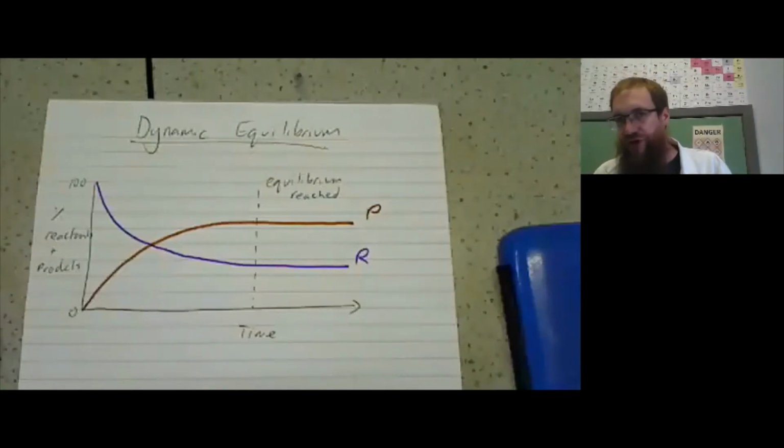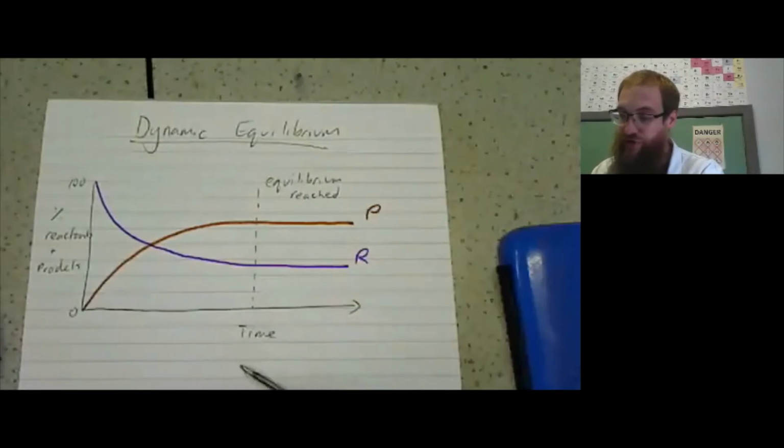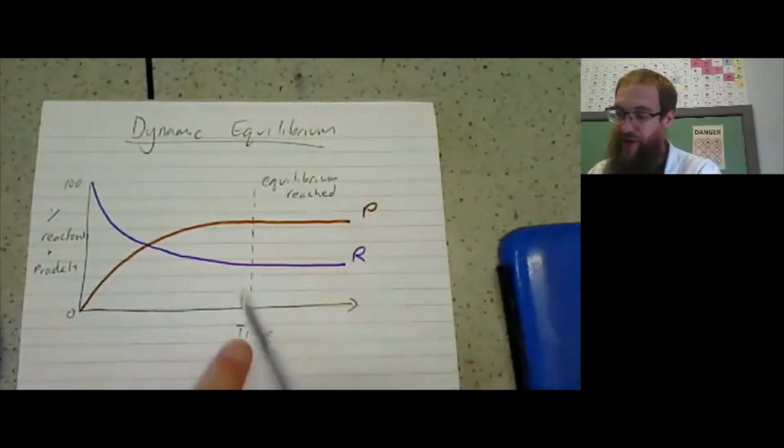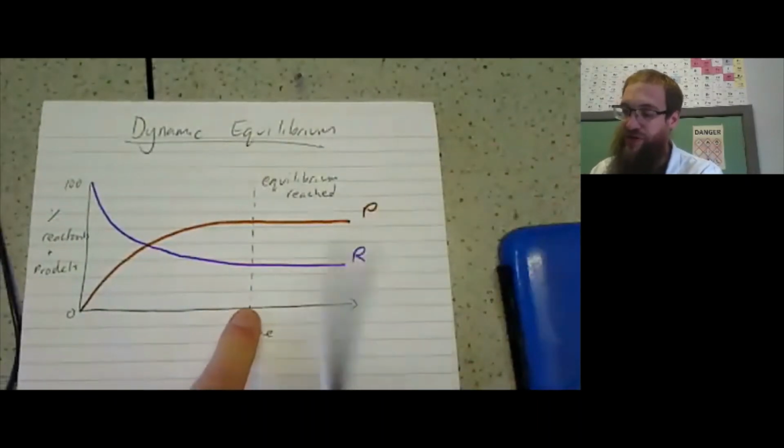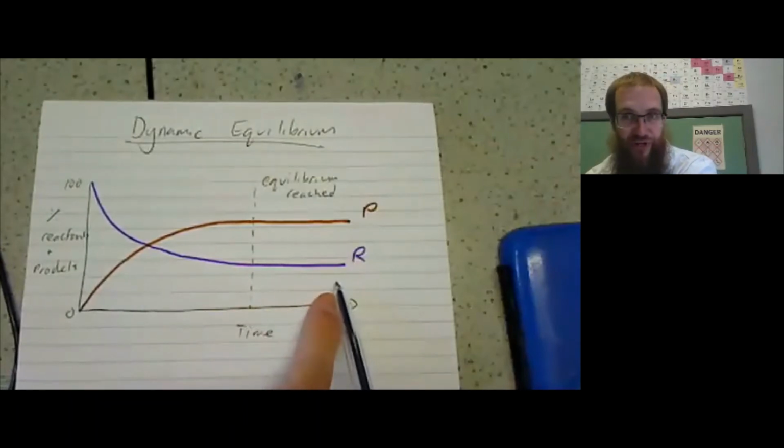Another really important point to make is that this only works in a closed system. That's why in the experiment that it showed in the last video, we put a cotton wool ball in the end of it to stop gases escaping. Because if we look here, if we removed the products and went down, this would then continue and it would find a new equilibrium point.